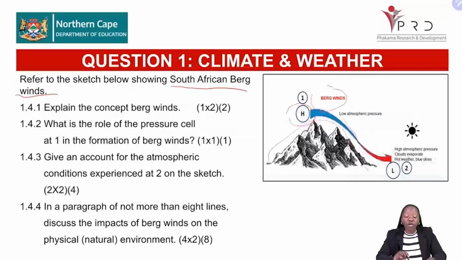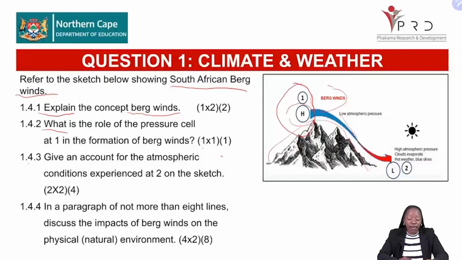The first one, explain the concept berg winds. So in explaining, remember you give full detail. Then secondly, what is the role of the pressure cell at 1 in the formation of berg winds? Again, mark allocation, it's 1 times 1, one answer that will give you 1 mark.